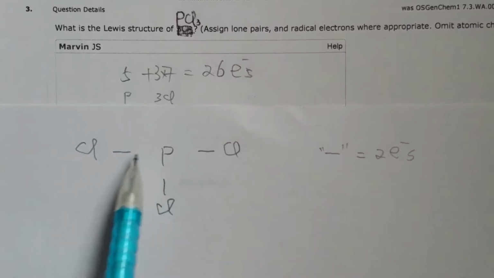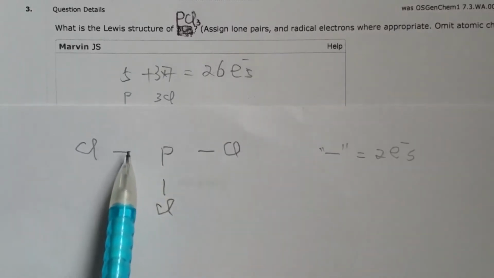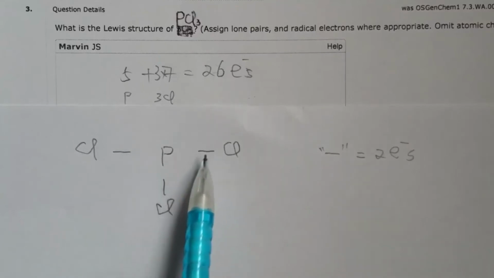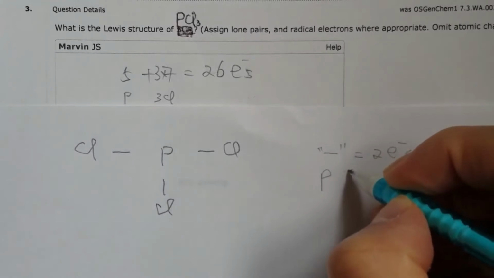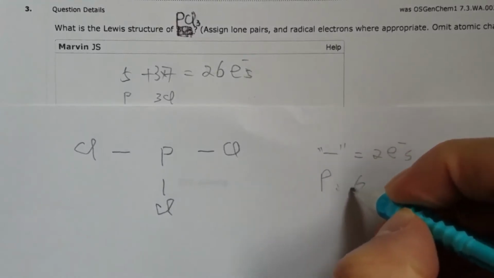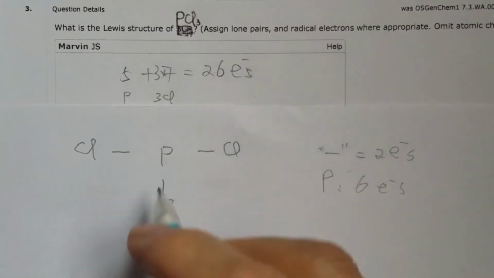As a matter of fact, of course, they share. But when we count the number of electrons, we say 2 plus 2 plus 2, 6 for phosphorus. So phosphorus has 6 electrons already there.